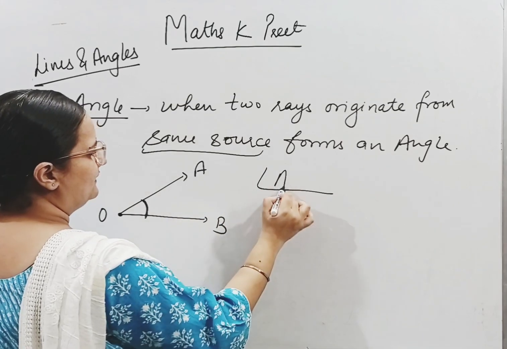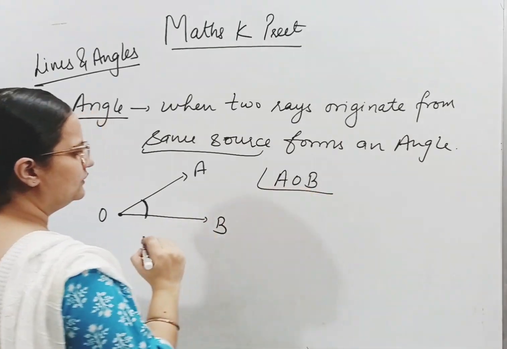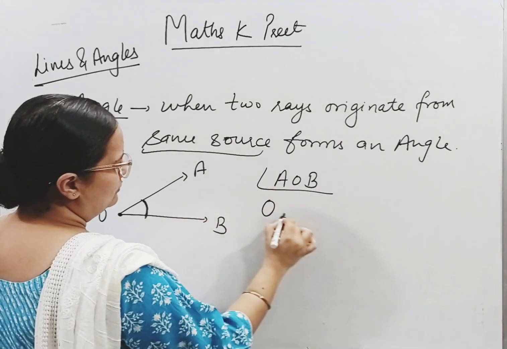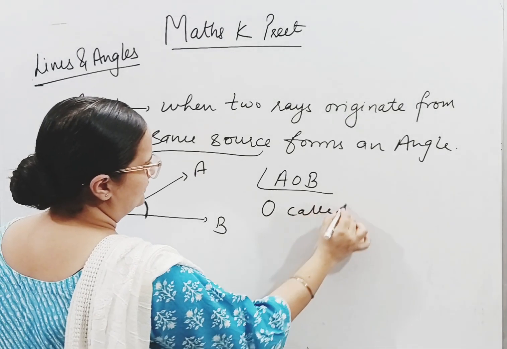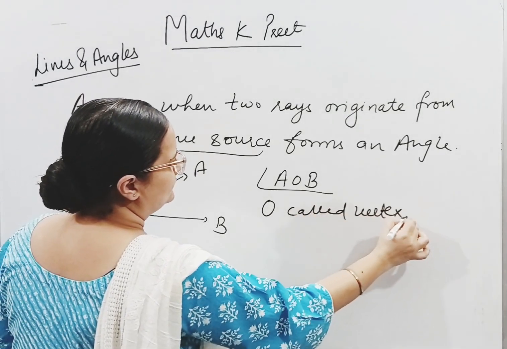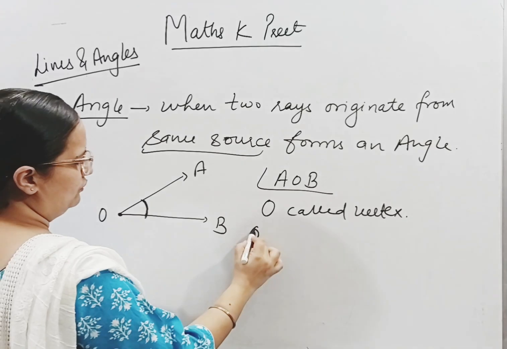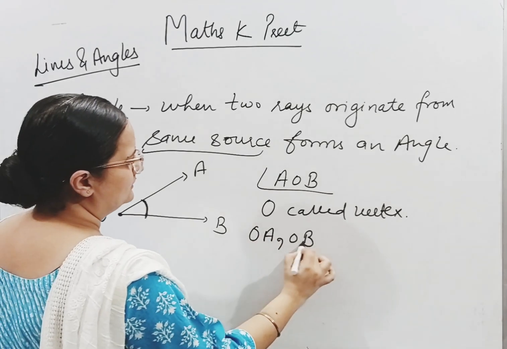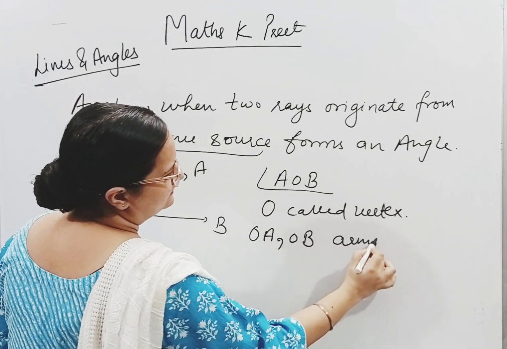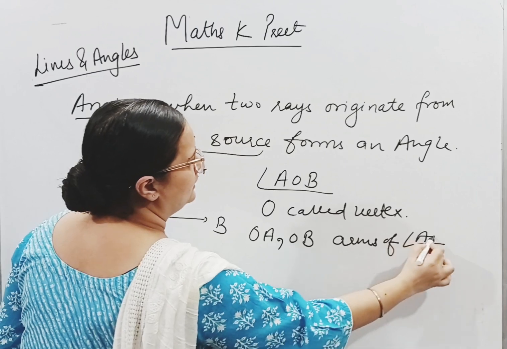So I have this angle now, angle AOB, where O is called the vertex of the angle and OA and OB are known as arms of angle AOB.